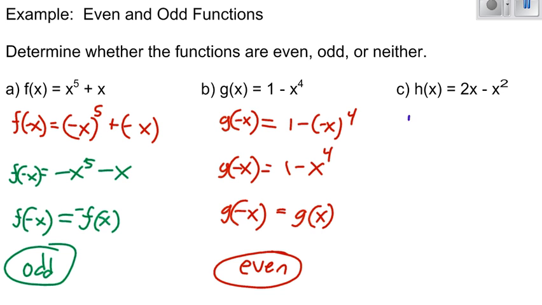And last, h of x, we're going to plug in negative x. So that becomes negative 2x, and the negative x squared becomes positive x squared, so it's minus positive x squared.